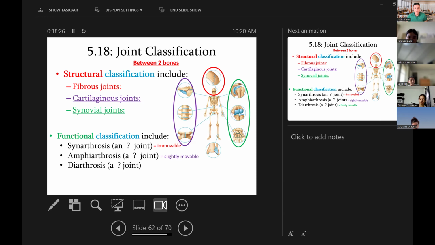And finally, the synovial joints, like the joints of our shoulder, our elbow, our hands, our knees and our ankle, are what we call diarthrosis, and they are called diarthrosis because they are freely movable. Okay? So again, fibrous joints are synarthrosis, cartilaginous joints are amphiarthrosis, and synovial joints are diarthrosis, freely movable.